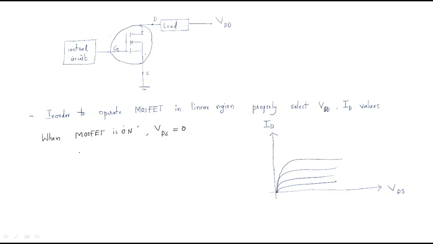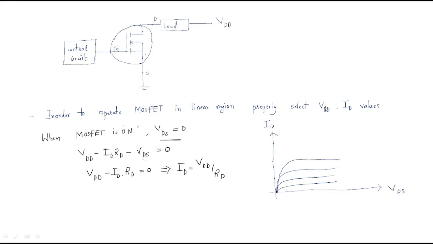The drain output equation is VDD minus IDRD minus VDS equals 0. When VDS is 0, substituting gives VDD equals IDRD. From this we find the drain current ID equals VDD by RD.